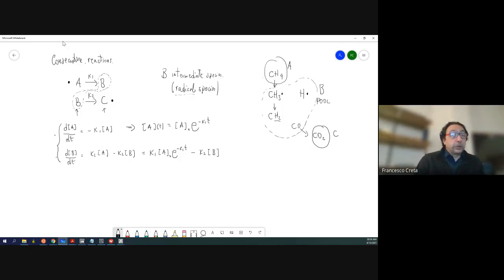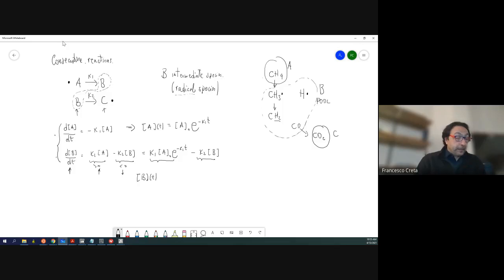Now, you see it has two terms. One is positive, the other one is negative. So we foresee for the behavior of B an increasing, decreasing behavior, because we have a forcing term here, which is positive, that will cause an increase of B, and here a forcing term that will cause a decrease of B. In fact, if you solve it, I will just write down the final solution.